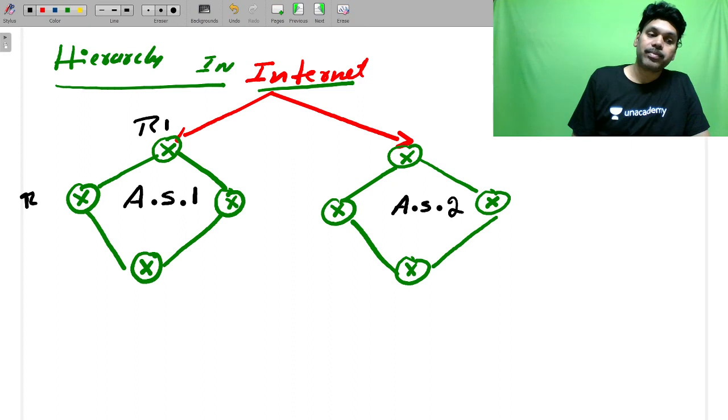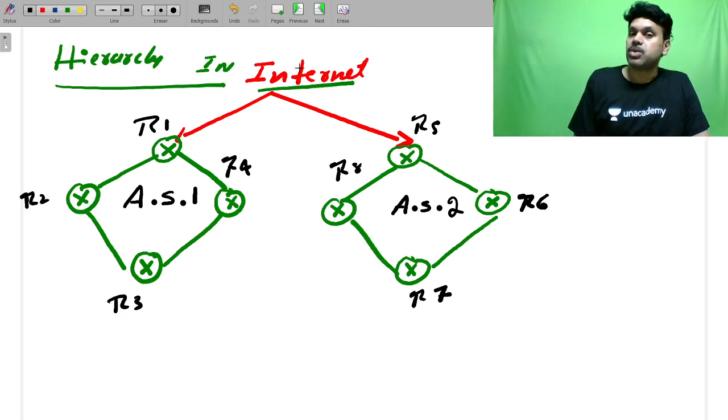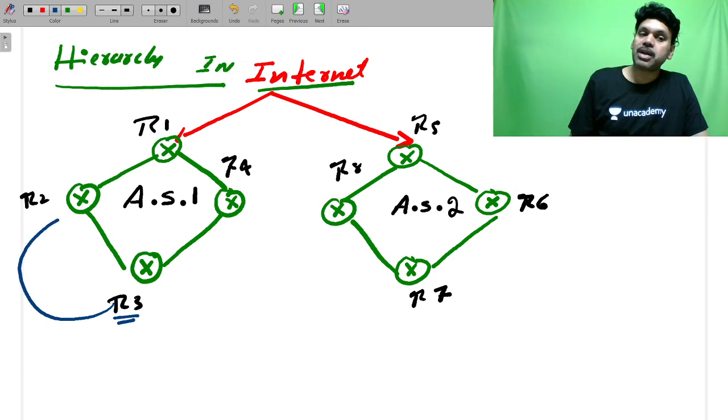Now you see, I am numbering: router 1, router 2, router 3, router 4, 5, 6, 7, 8. Now the internet is divided into two autonomous systems. R3 would like to post data to R2. Yes, I can post it. R3 belongs to the same autonomous system, so I am using what?